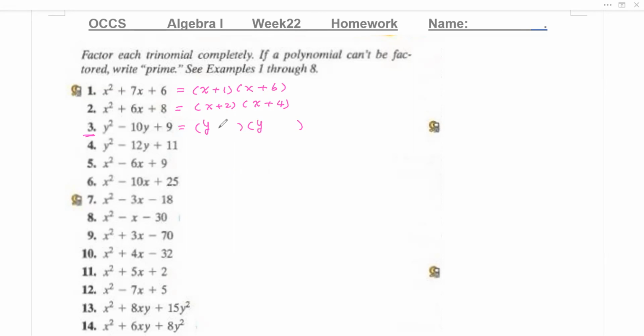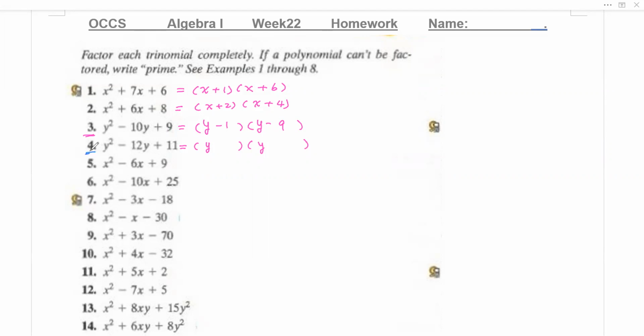I need to check one person at a time, each person practices answering, all right? And let me call the name of each of you so each person can give the answer. First, Amy, number 3, what can be factored here? Y minus 1 and y minus 9. Good. Next, Angie.